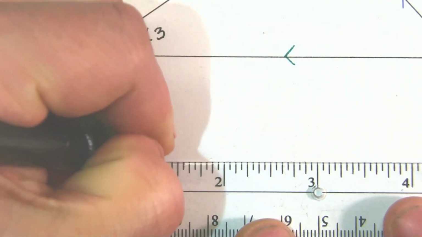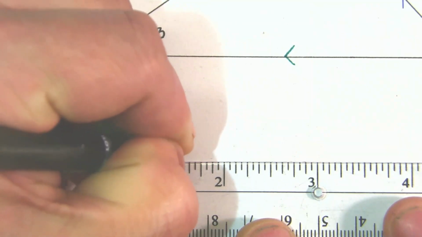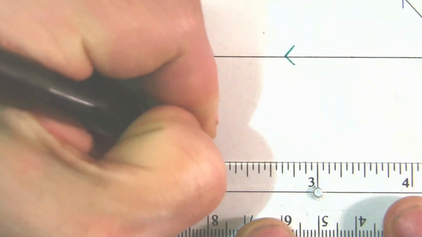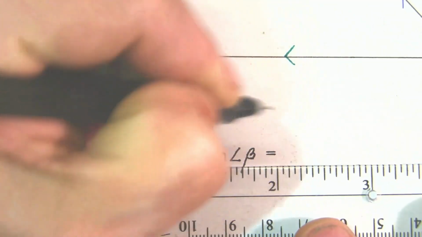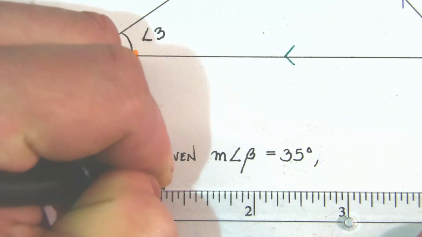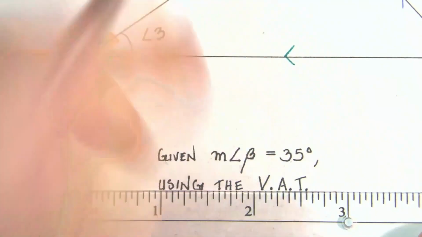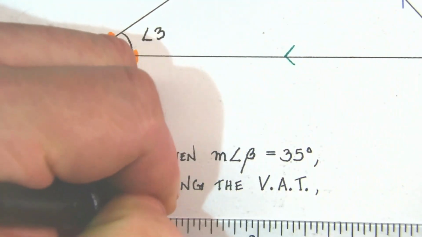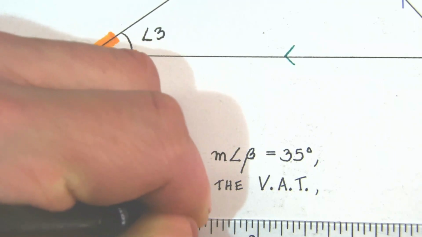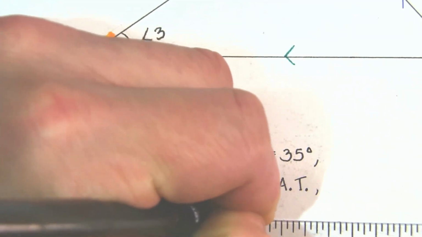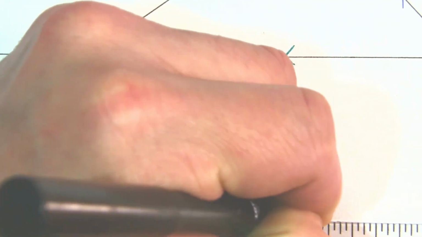Okay, given that the measure of angle beta equals 35 degrees, comma, using the, and here we can abbreviate VAT for vertical angle theorem, we find the measure of angle 3 equals 35 degrees.